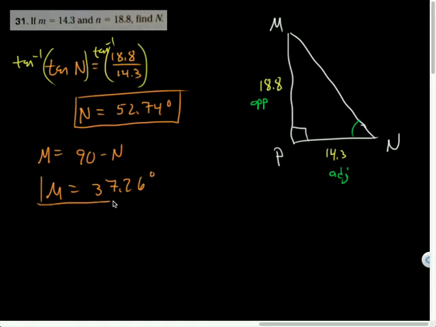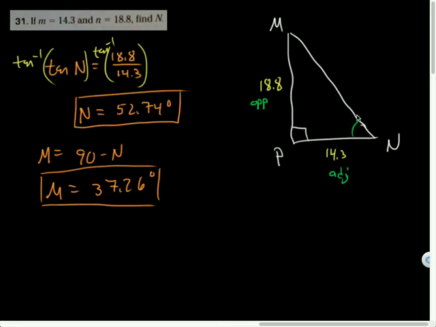So there's angle M. And if I want to just solve this triangle the whole way, why not? Let's do this, even though we didn't have to last night. How could I find side P? I could use the Pythagorean theorem, because I was given those two values. That would be the most guaranteed way to do it, since I wouldn't have to worry about possibly infecting it with a previously wrongly calculated answer from the angle.